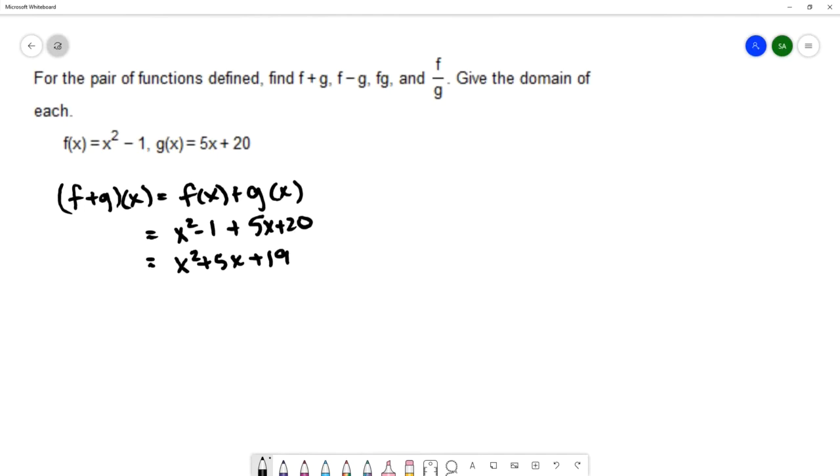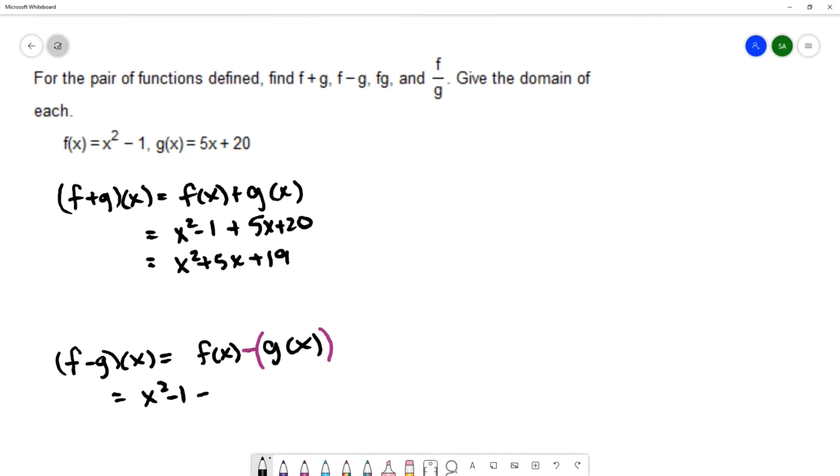And we're going to find f minus g of x. That's f of x minus g of x. You have to be a little bit more careful with subtraction because we want to make sure that we're subtracting the whole function. So f of x is x squared minus 1.